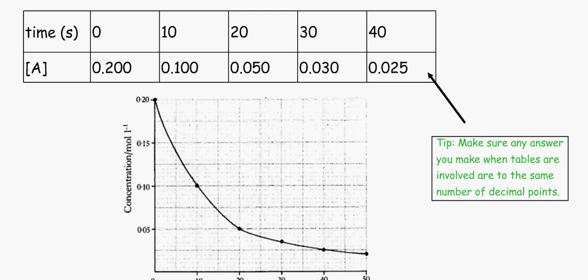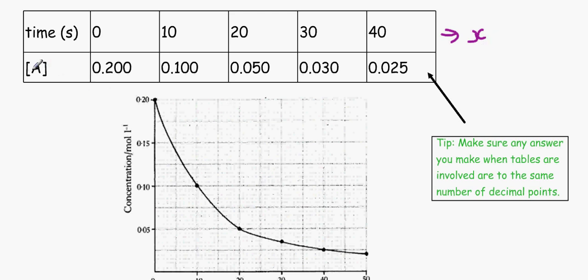So usually we would plot the data on a table like this, and we would check what the concentration is after a set period of time. So let's say 10 seconds, 20, 30, 40. And this would always go on the x-axis, because this is what we're essentially changing. This is the independent variable.